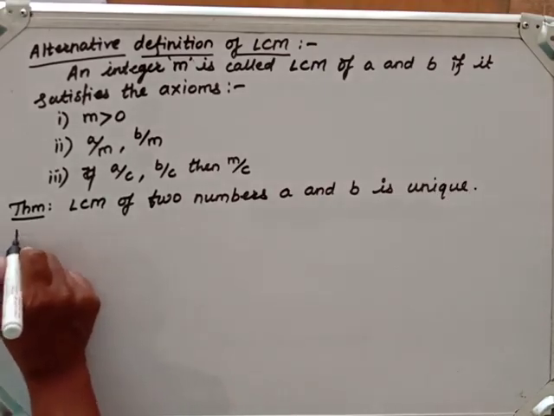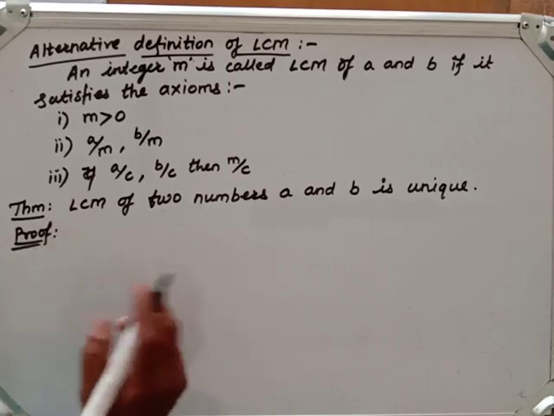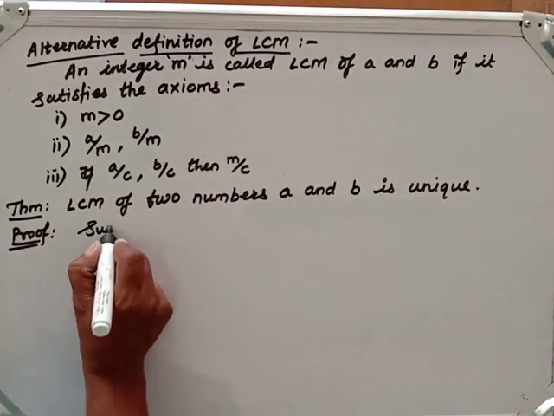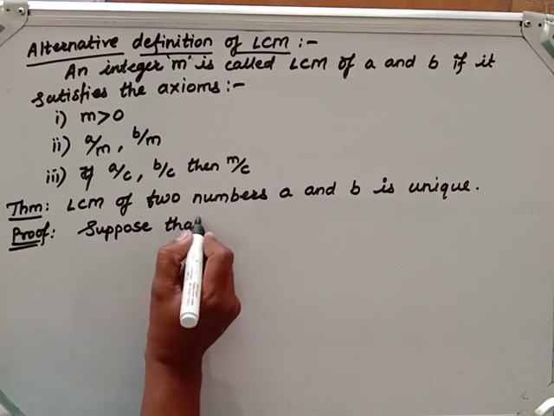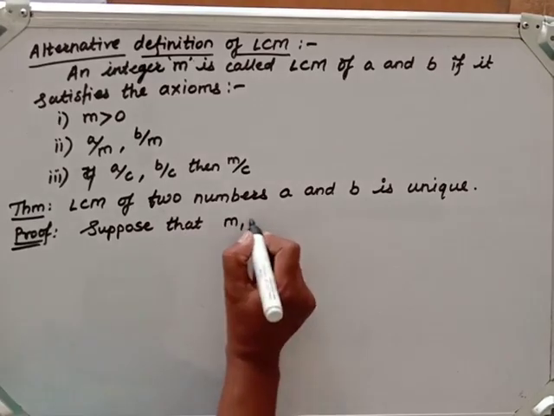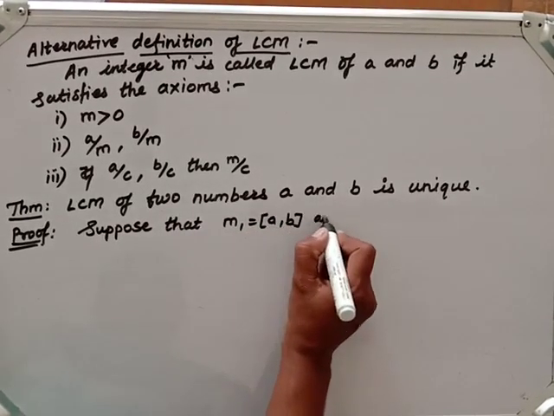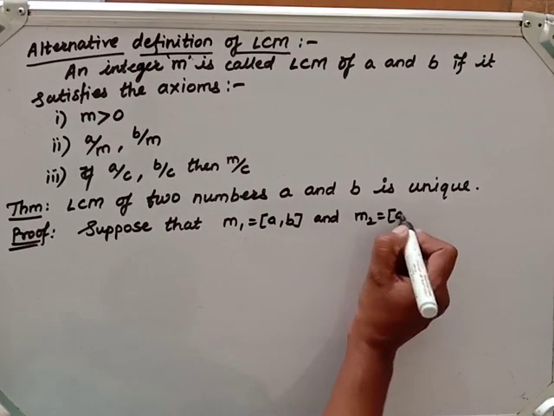Now on the contrary, let us assume the LCM of A and B is not unique. They are two different numbers. Suppose that M1 is the LCM of A and B, and M2 is also the LCM of A and B.